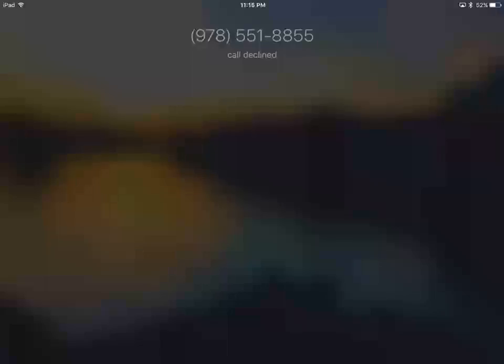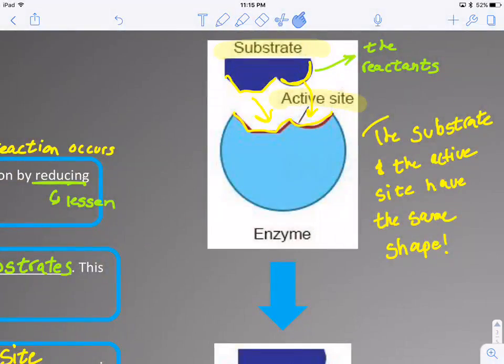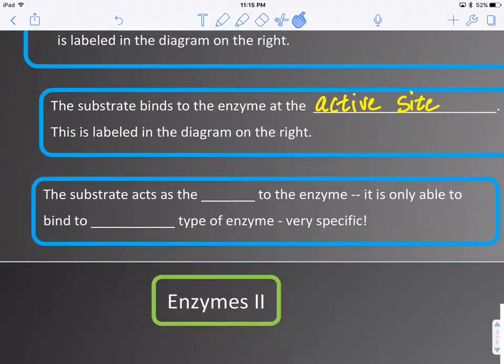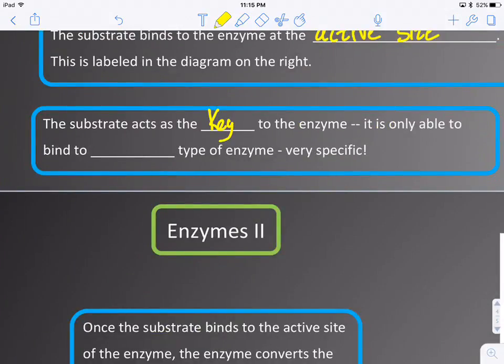And you might be wondering why that's the case. The substrate acts as the key to the enzyme. So think of it as a lock and key, okay? Where the enzyme is the lock. Okay? So you have the substrate, that is this key, right?